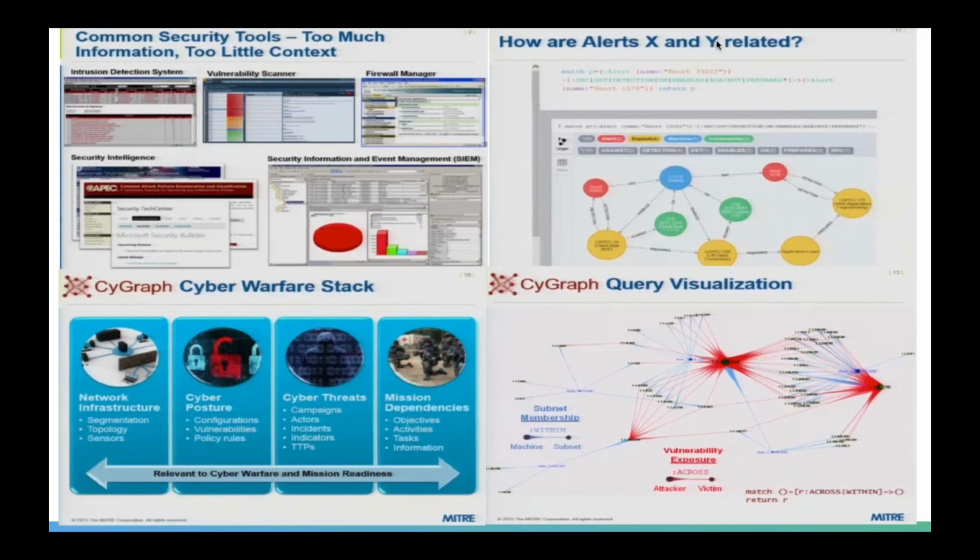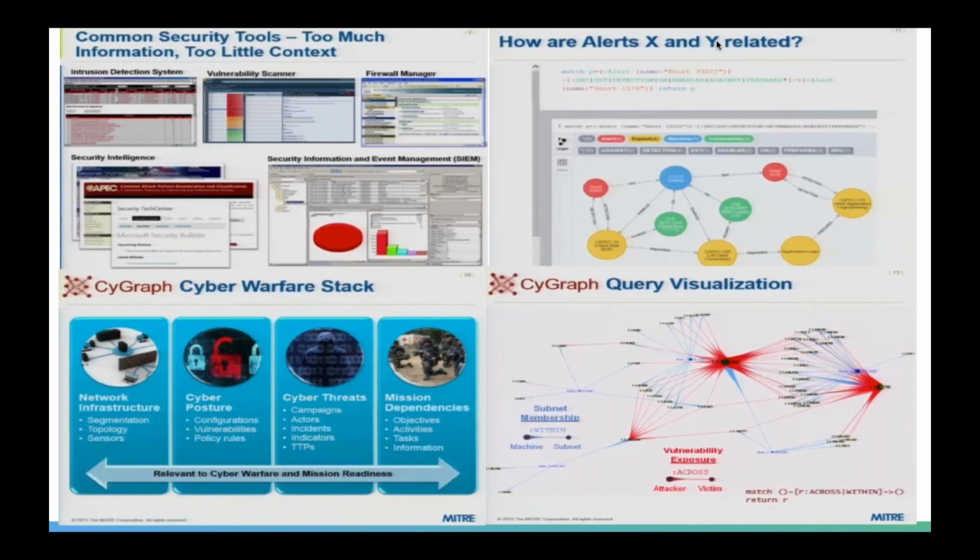So what MITRE did was they essentially took their entire network, all the way from firewalls, routers, databases, systems, applications, all of these things, and correlated them through a graph. What has connectivity to which component, all of those things they modeled as a graph.